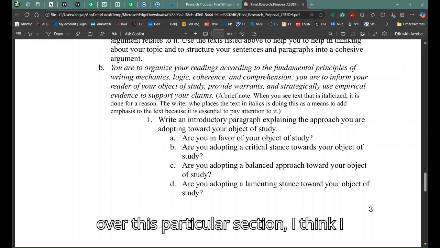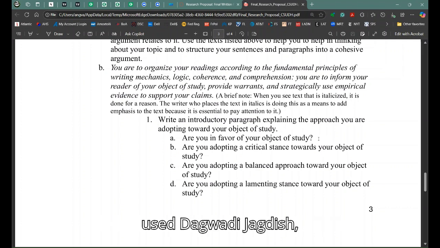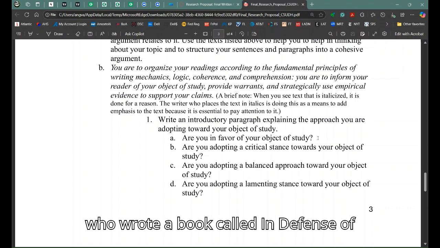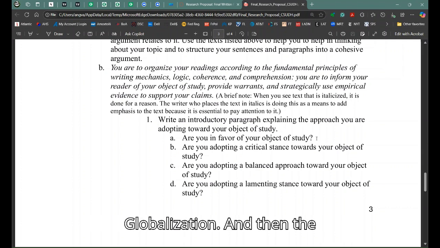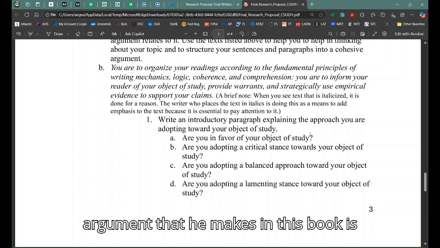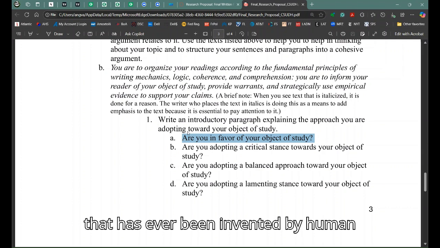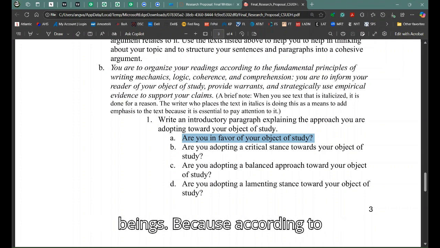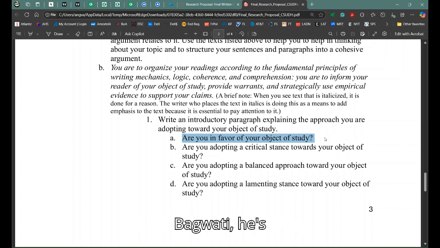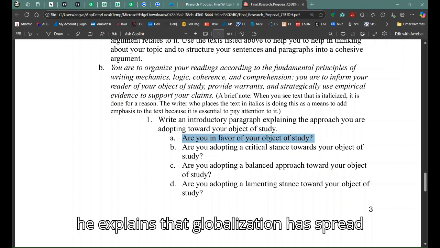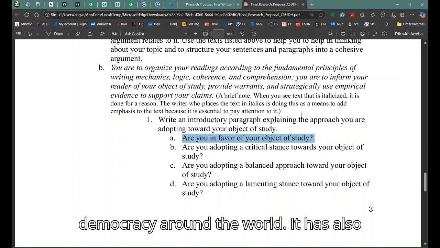All right. And then if I remember correctly, the example that I used in the final presentation going over this particular section, I think I used Bhagwati Jagdish, who wrote a book called In Defense of Globalization. The argument that he makes in this book is that globalization is the greatest thing that has ever been invented by human beings. Because according to Professor Bhagwati, globalization has spread democracy around the world.